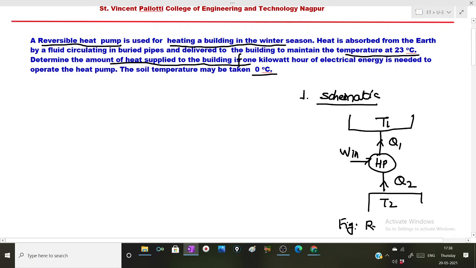So this is nothing but a reversible heat pump. Now what is this source and what is this sink as mentioned in the problem? So I will clarify.